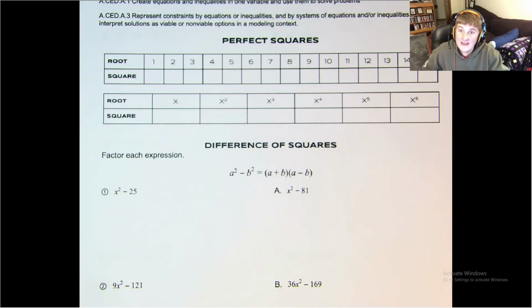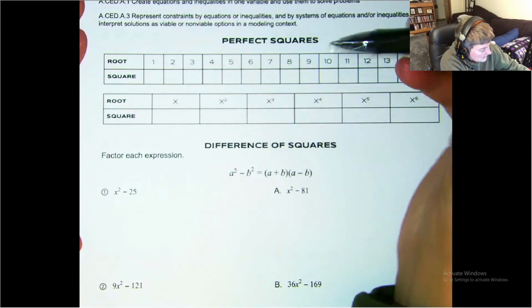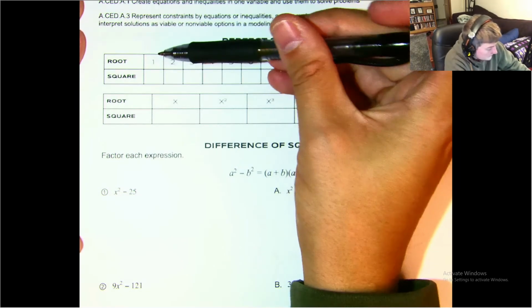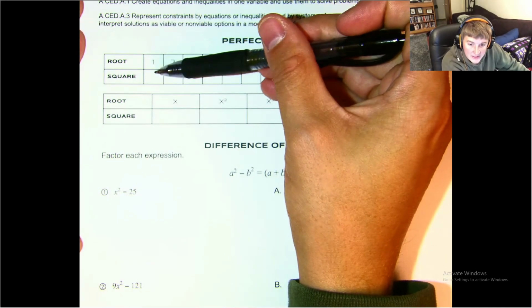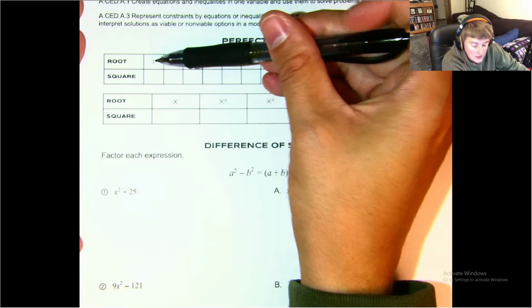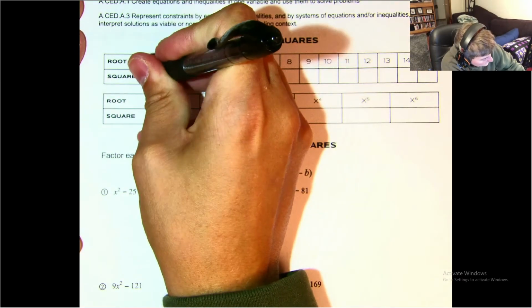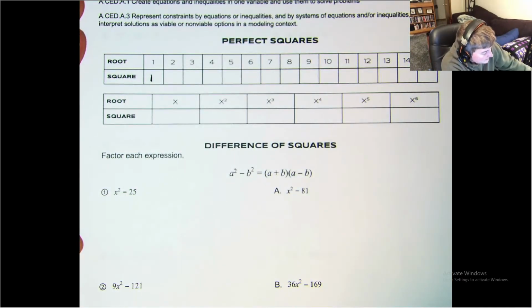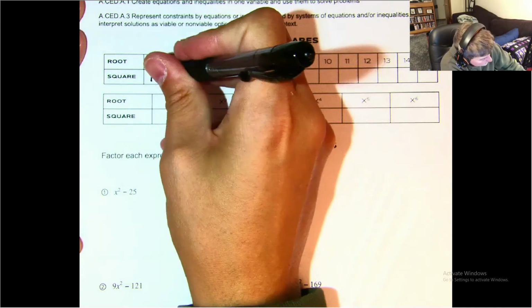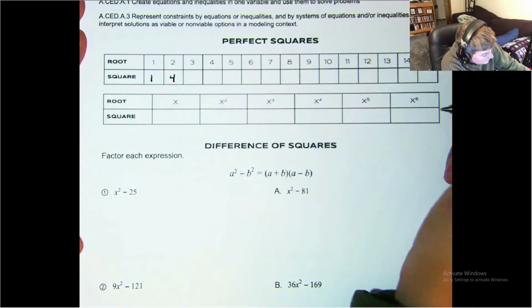There's also 9. 9 would be my next perfect square because 3 times 3 is 9. So the perfect square is 9, but its root is 3. 4 is a perfect square, but its root is 2. Let's see what that looks like. If I have a root of 1, its perfect square would be whatever 1 times 1 is, which is 1. What's the perfect square of 2? That would be 4, because 2 times 2 is 4.